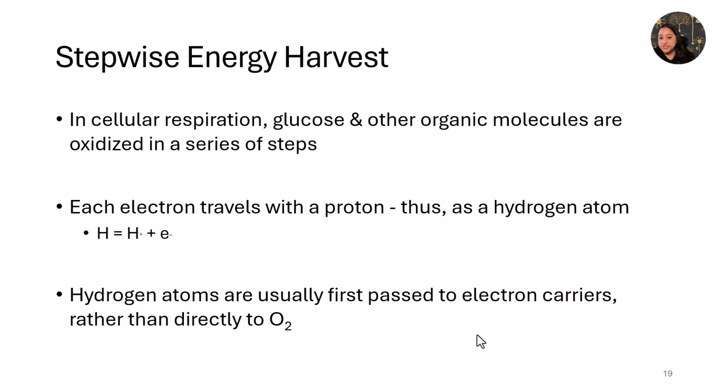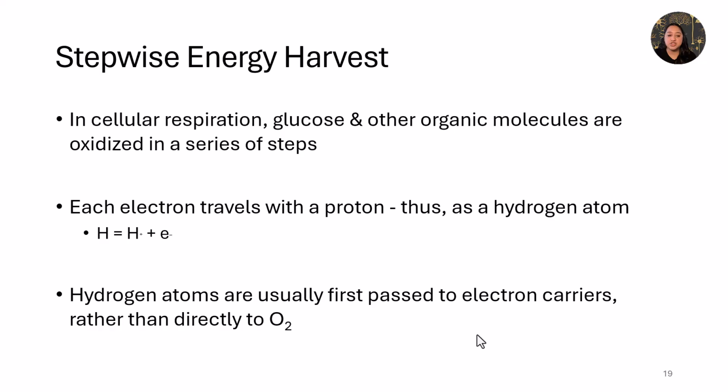In cellular respiration, glucose and other organic molecules, again, you're eating other stuff, right? But we just track glucose at once. So in cellular respiration, glucose and other organic molecules are oxidized in a series of steps. Each electron technically travels with a proton.